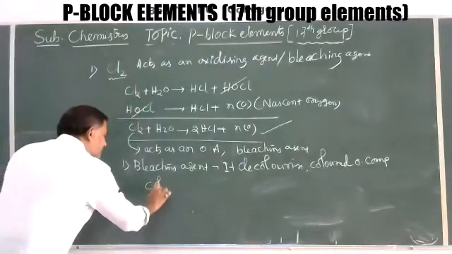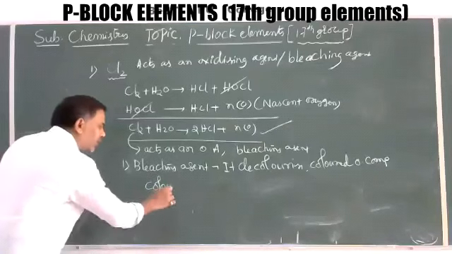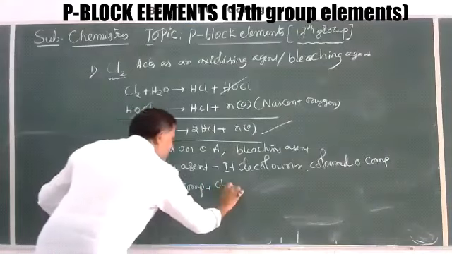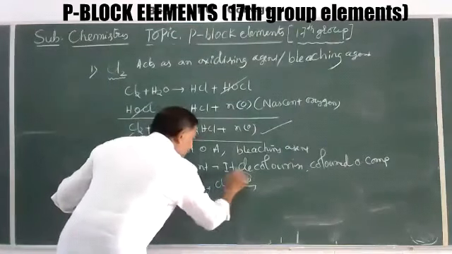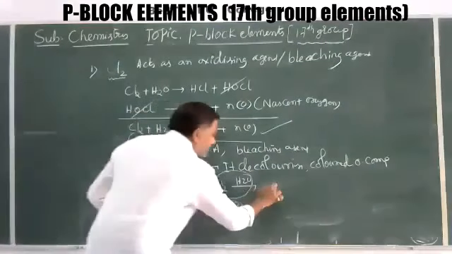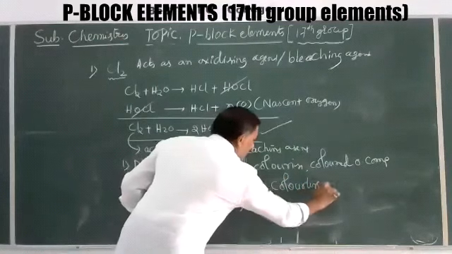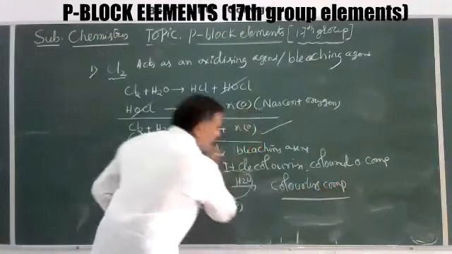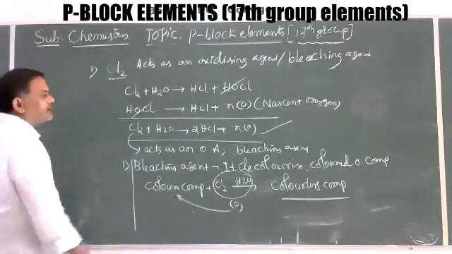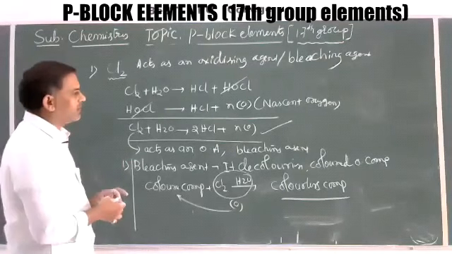Whenever colored substances like vegetable colors or colored compounds react with chlorine in the presence of water, the nascent oxygen atom oxidizes them and gives colorless compounds; that is bleaching. Chlorine also acts as a sterilizing agent to kill germs.